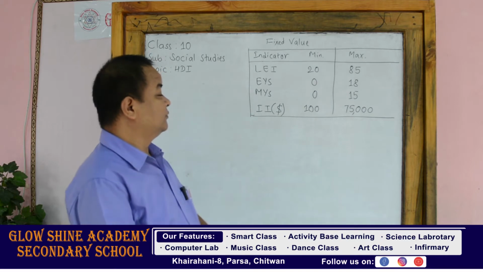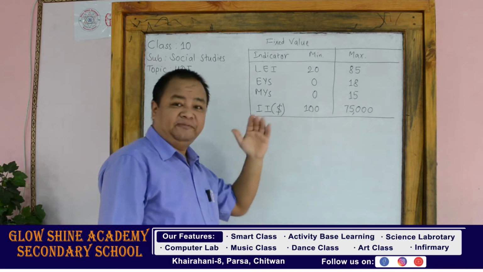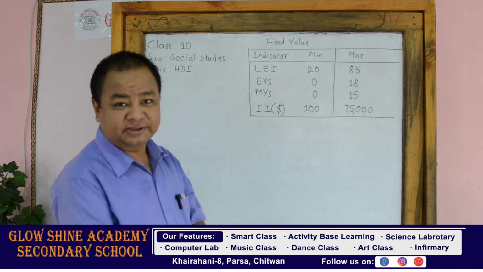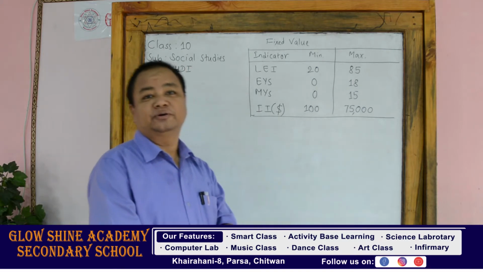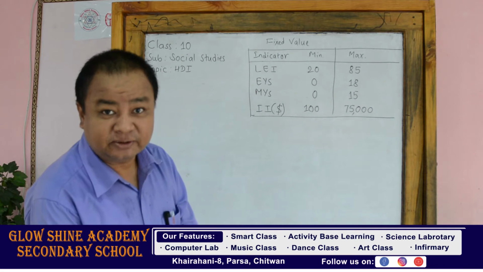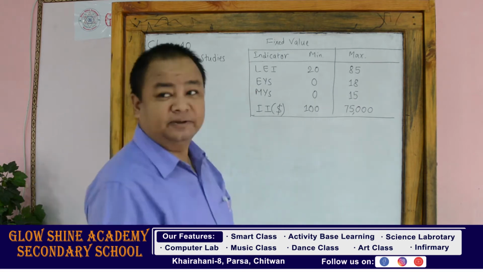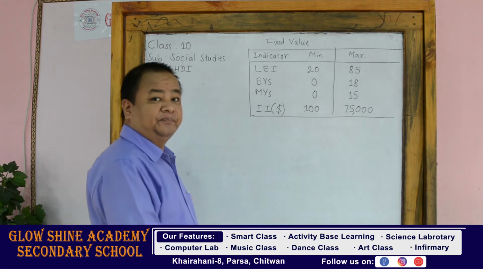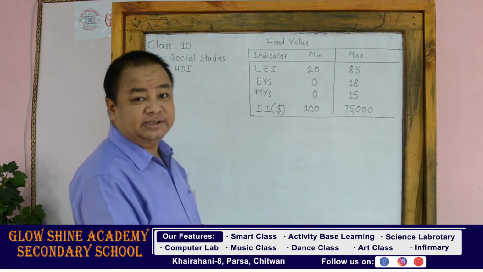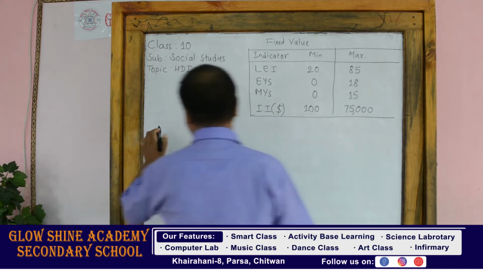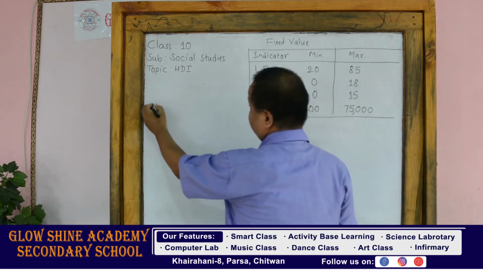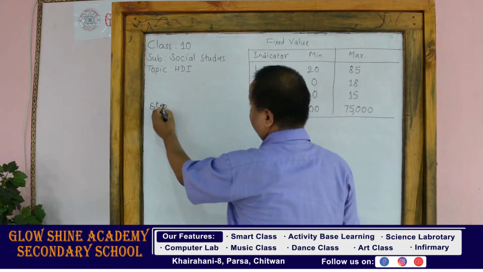Well, after learning these fixed values, we will see how we can calculate the SDI. There are 4 steps to calculate the SDI. Look at the board. Step 1.